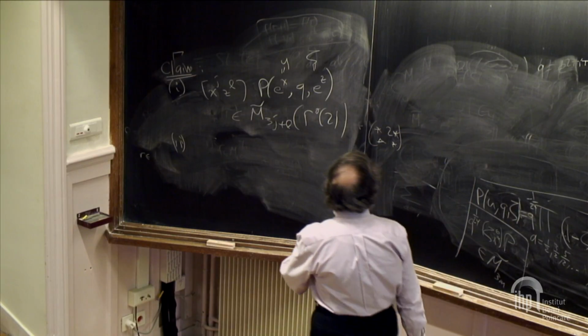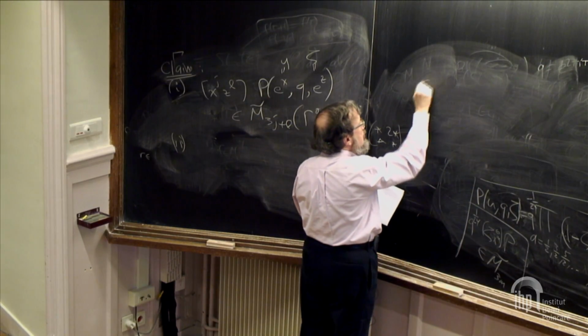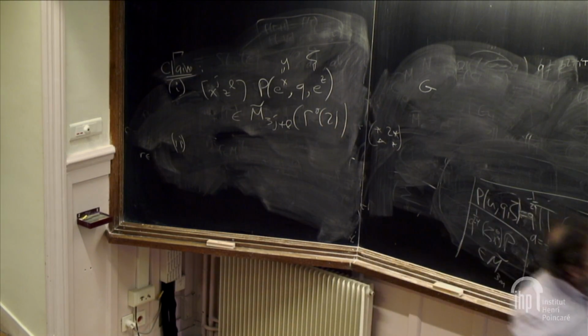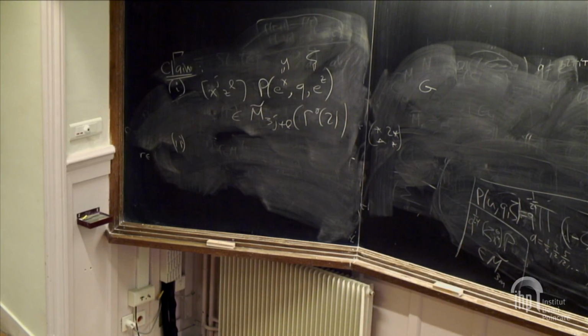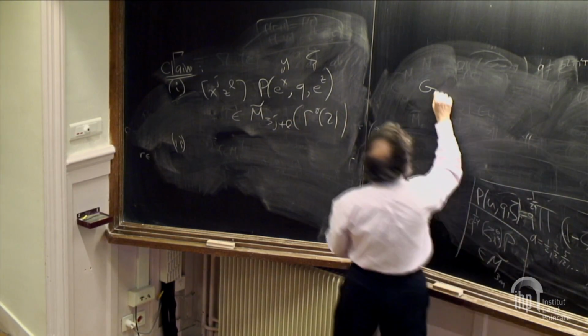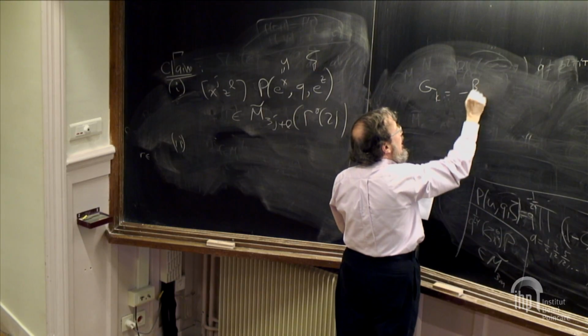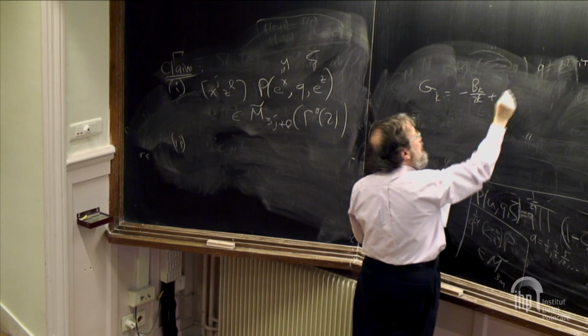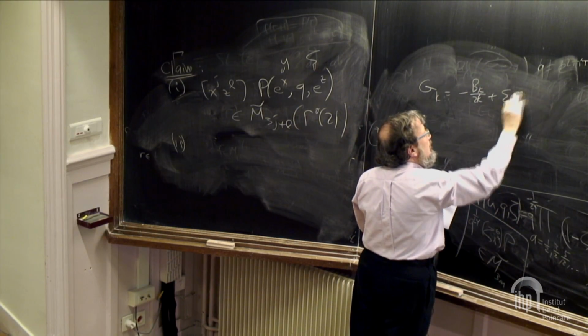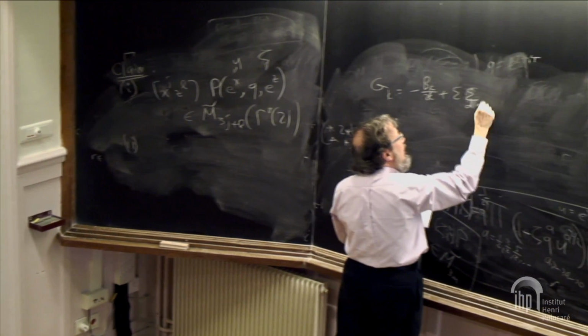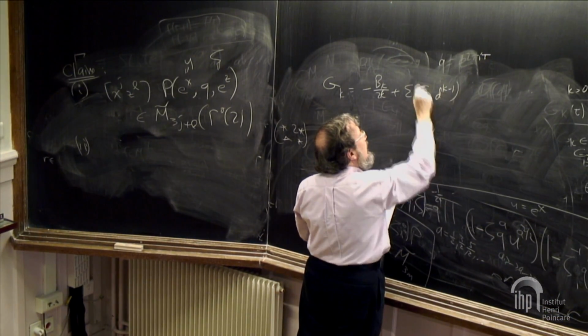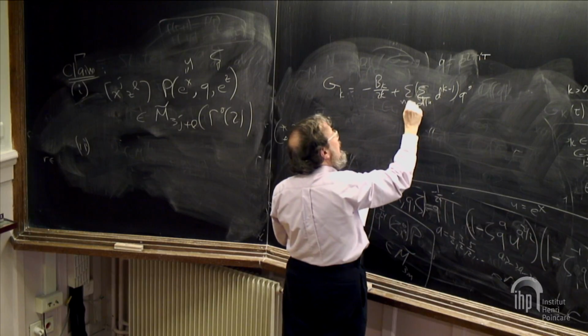Okay, so to do that, remember we had the Eisenstein series. It's probably still written here, or maybe it isn't, but we had G_k, which was minus B_k over 2k plus the sum. It was this.